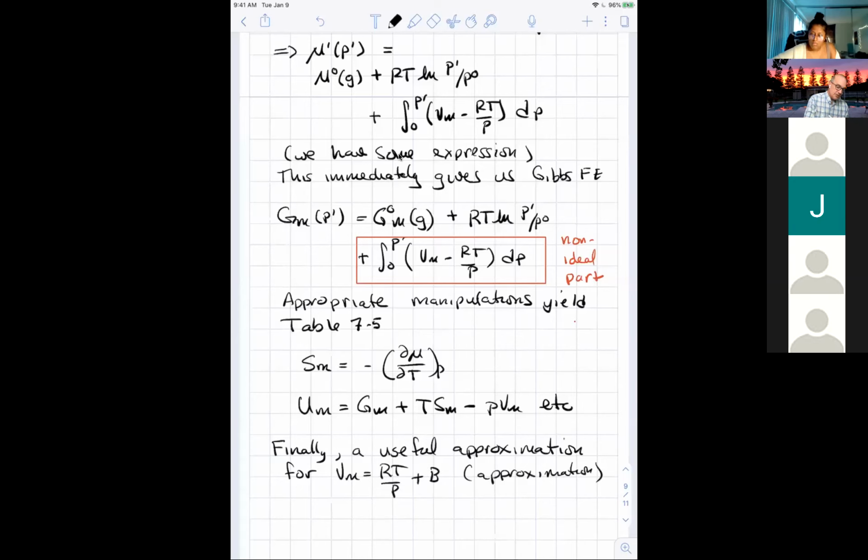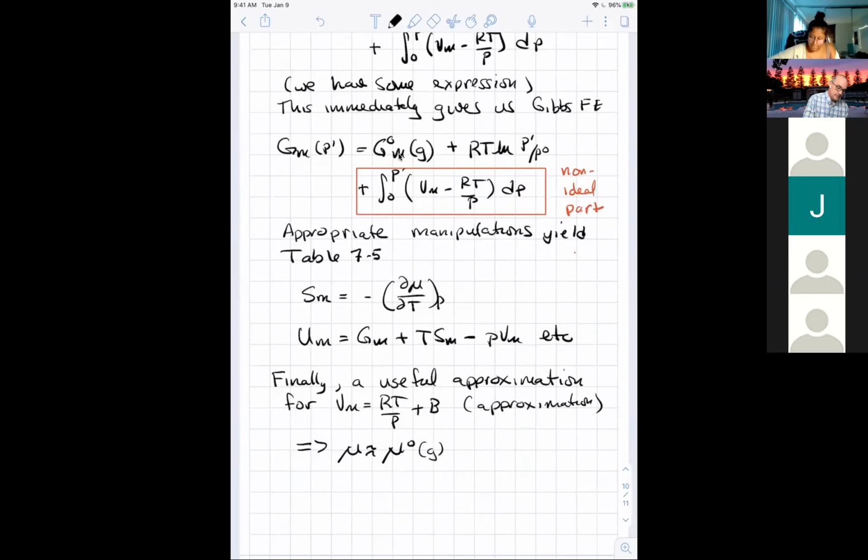This leads to the approximation for the chemical potential. Right, the ideal part and the correction. So again, it's always good to have the reference. In this case, the reference is the first two parts, and this is a correction.